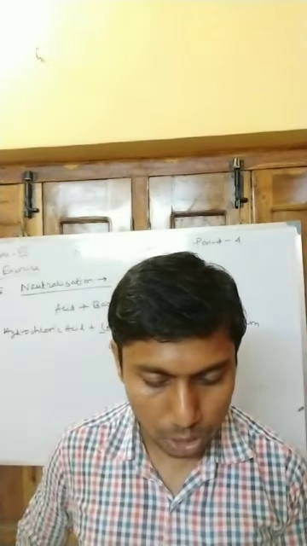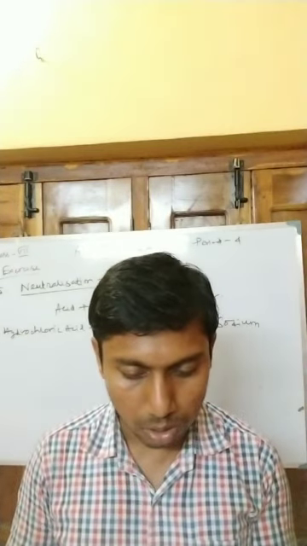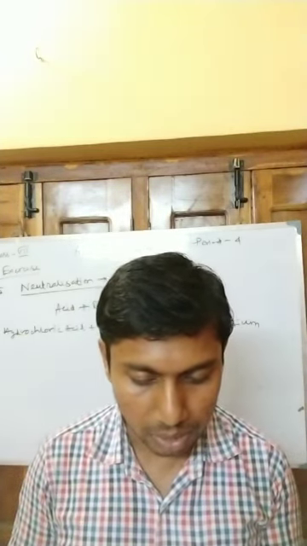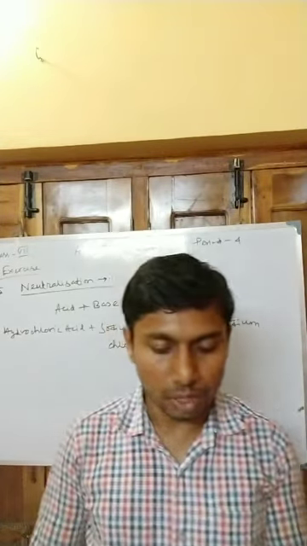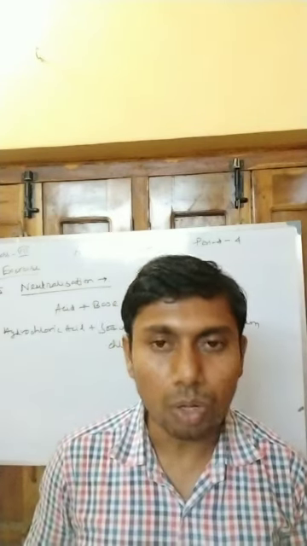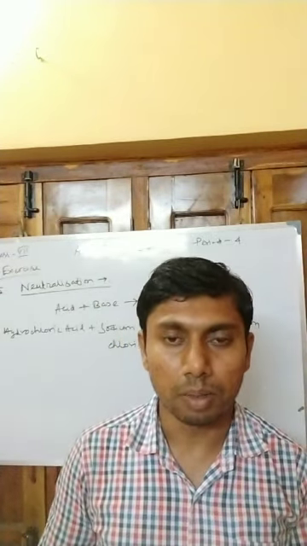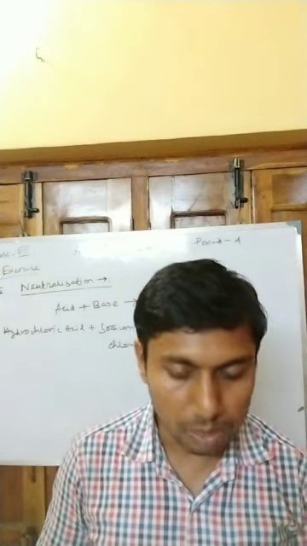Question number 6. Mark true if the statement is true and false if it is false. Nitric acid turns red litmus blue. Now it is false, because nitric acid is an acid, so it will turn blue litmus red. But the statement is the reverse, that it turns red litmus blue.